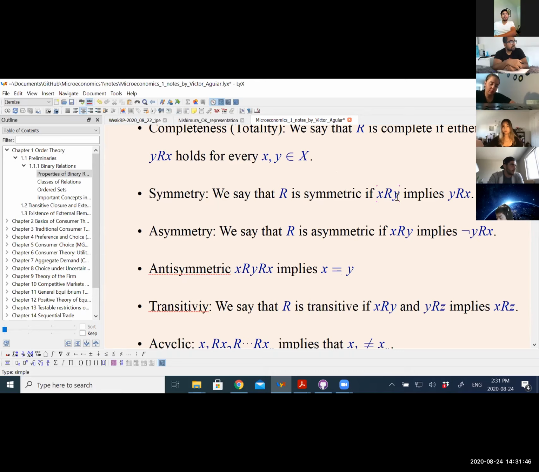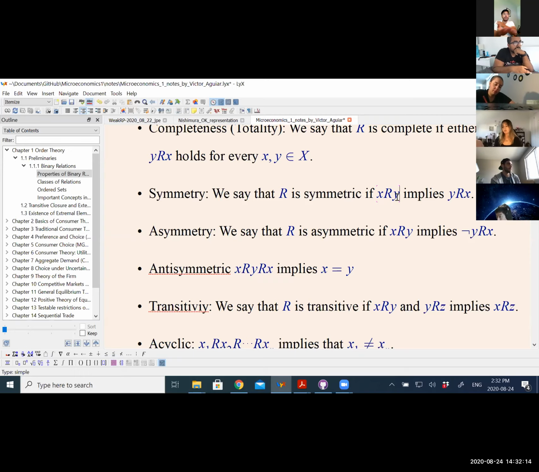Imagine that individuals A and B are in a family relation. If X is in a family relation with Y, what does it imply? That Y is in relation with X, right? Because the family relation is symmetric. It is a mutual relation, right? So these two persons are in a symmetric relation, okay?